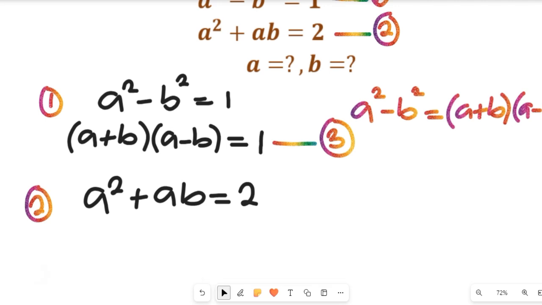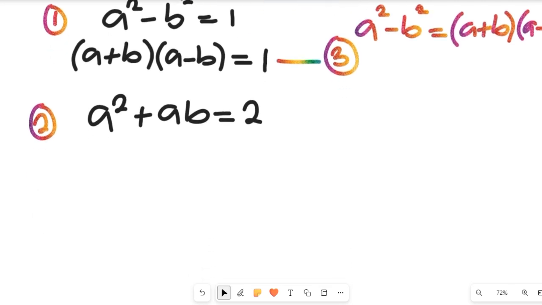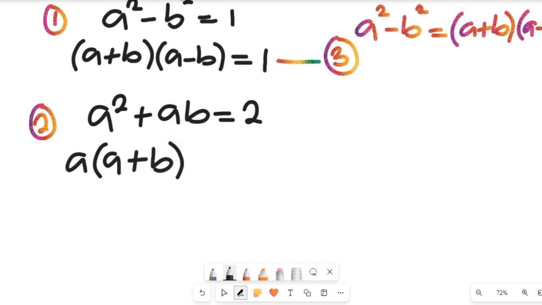From this equation 2, you find out that a is common. If a is common, you're going to bring out a, and this will be a plus b, right? And this will be equal to 2. Now let's consider this to be equation 4. So many equations, right? Don't worry, we're going to solve this question.